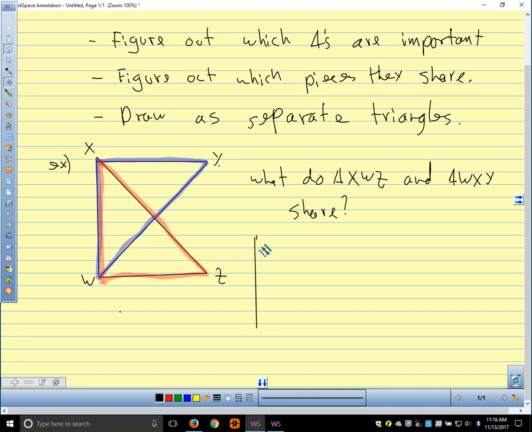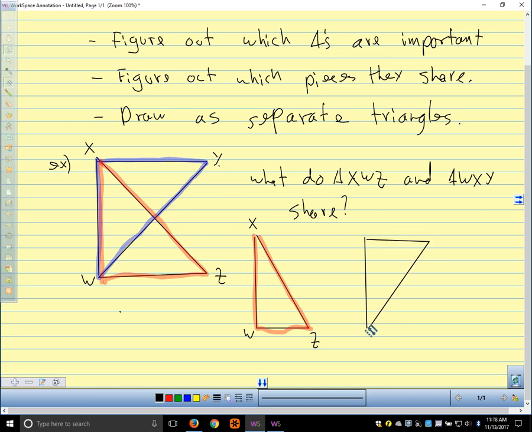I'll just draw them a little smaller here. So there's one that is XWZ. That's the one I highlighted in red. And here is the other one, WXY, the one I highlighted in blue.